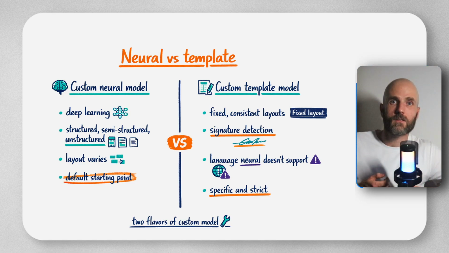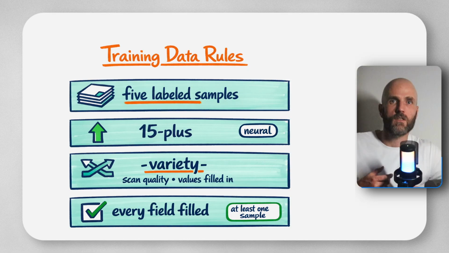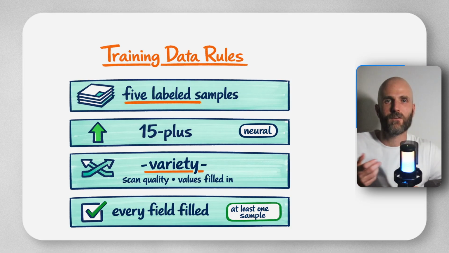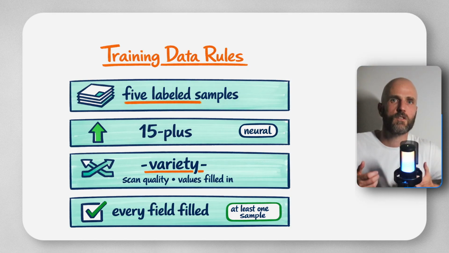Now you might ask, how much training data do I actually need? Both flavors typically need about 5 labeled examples to get going, so that's pretty small. Neural usually gets a lot better with more. At the time I'm recording this, I think of 15 plus as a good target, and I want variety: different scan quality, different values filled in, maybe slightly different print.